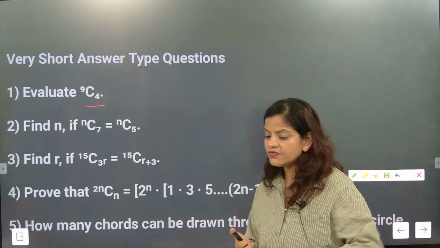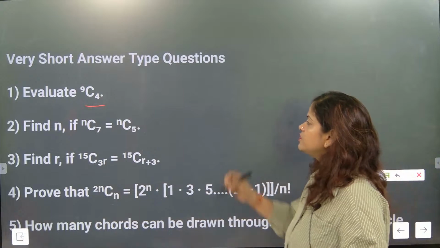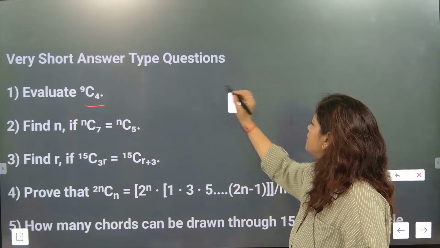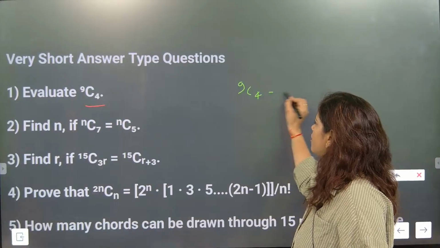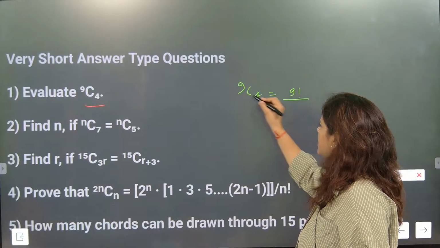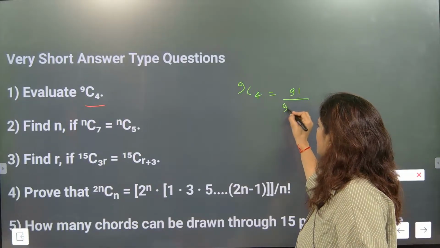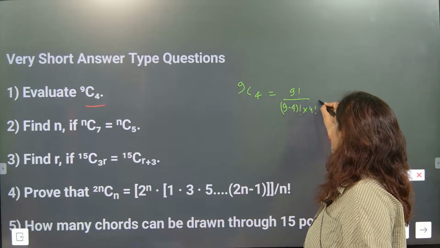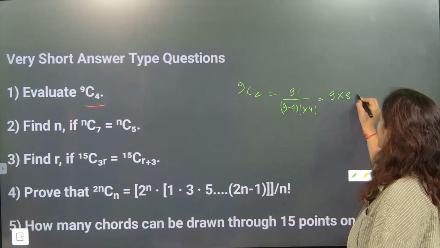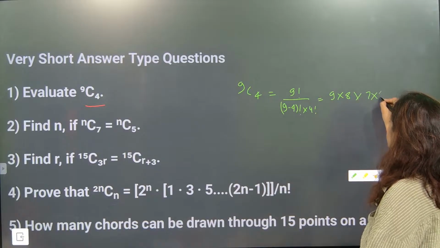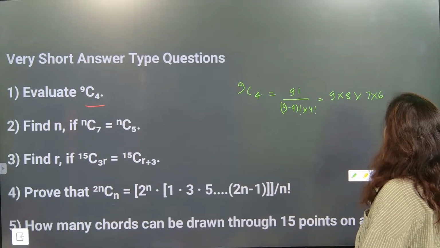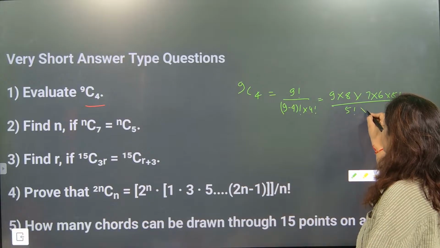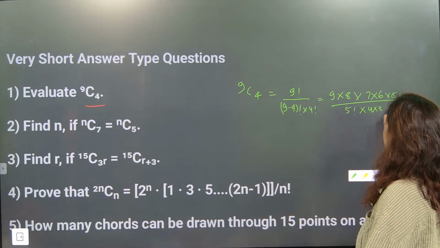What is the answer for the first one, beta? Now can you check this one out? 9C4. Direct formula: 9 factorial by (9 minus 4) factorial into 4 factorial. So it is coming as 9 into 8 into 7 into 6 into 5 factorial, because 9 minus 4 is 5 factorial. The denominator part is 5 factorial into 4 into 3 into 2.